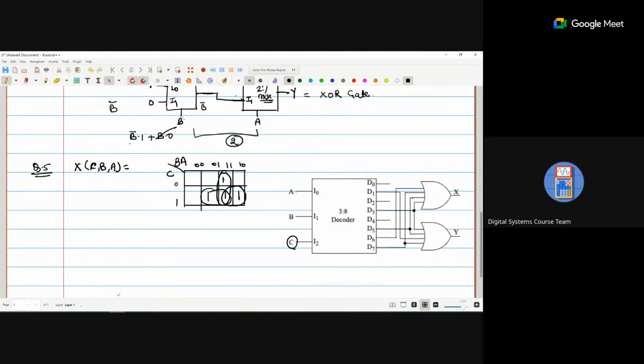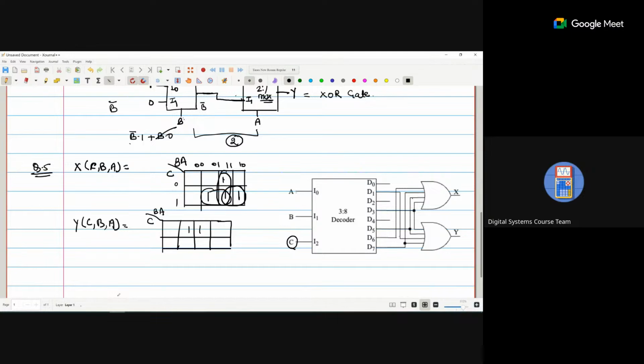Similarly, if I want Y, C B A. Now for the Y, D3, D5, D1, and D7.